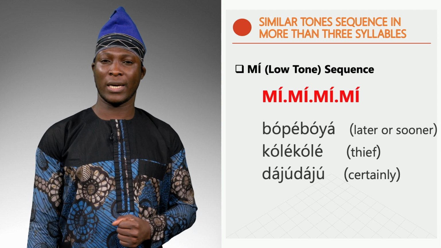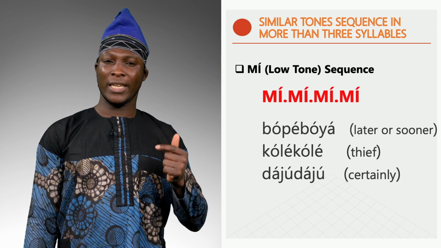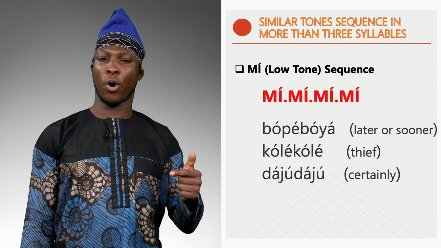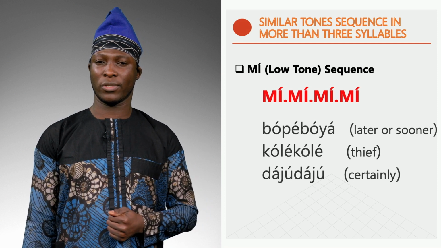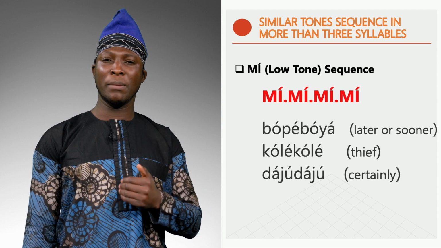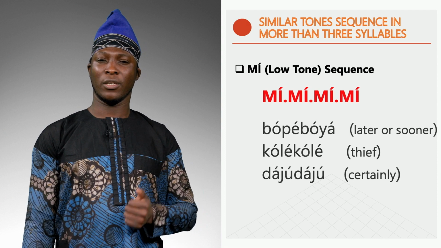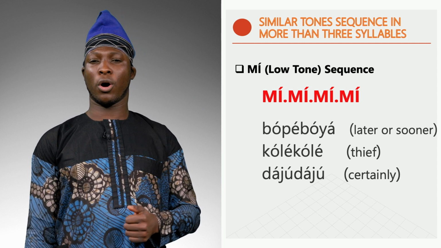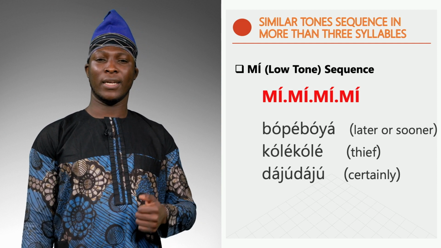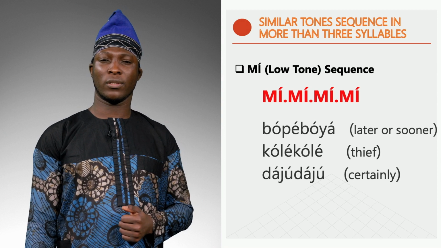Apart from do sounds, which is the low tone, the high tone, me, can occur in 4 syllables. We can hear that in bó pẹ́ bóyá, kọ́lé, dájú.